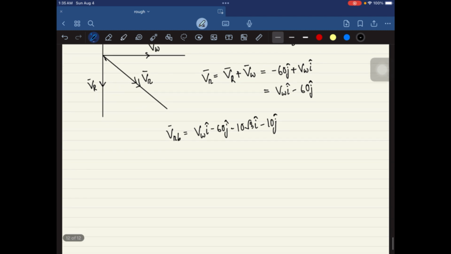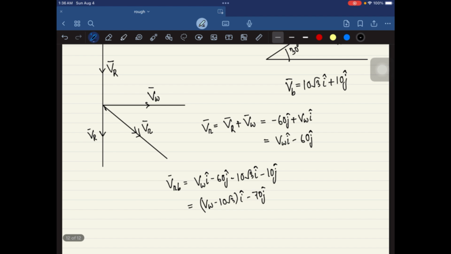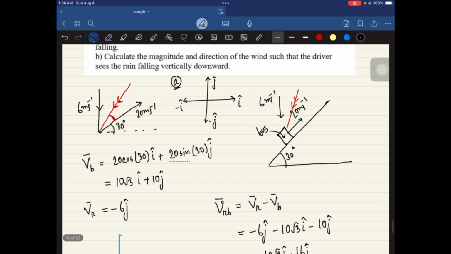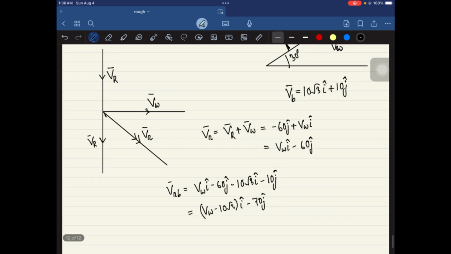Then VRB should be VW minus 10 root 3 i and minus 16j. Is it 60 or 6? It is 6. Okay, so it is 6, and that should be 16.